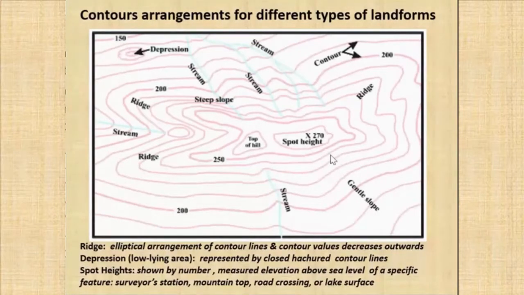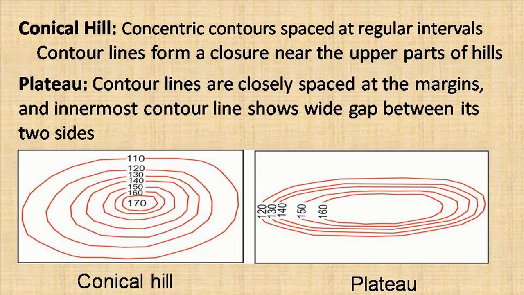The spot height is marked by a specific feature such as surveyor station, mountain top, hilltop, road crossing, or lake surface.